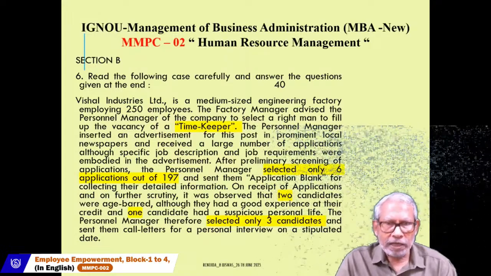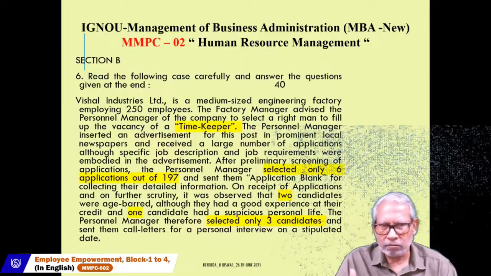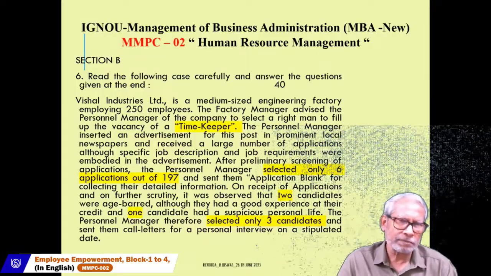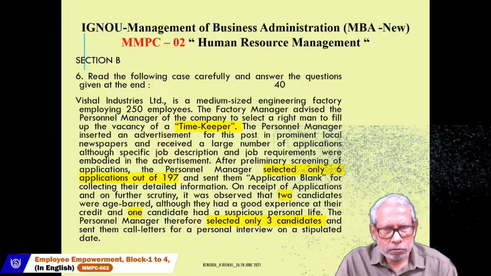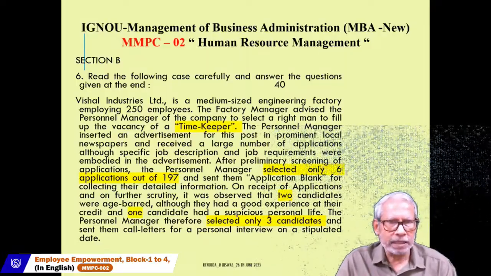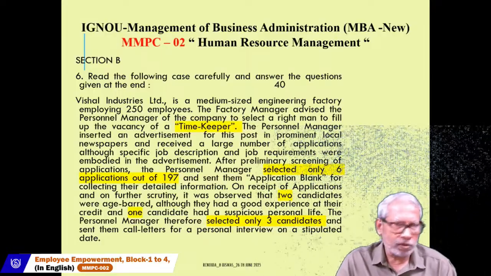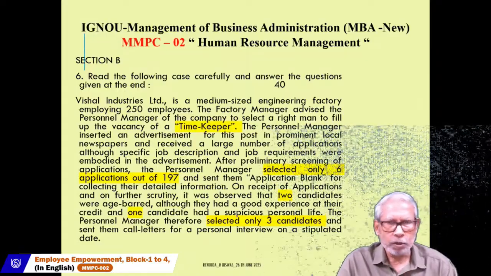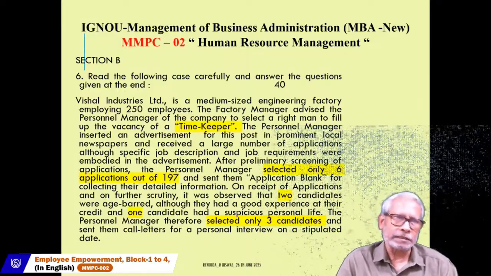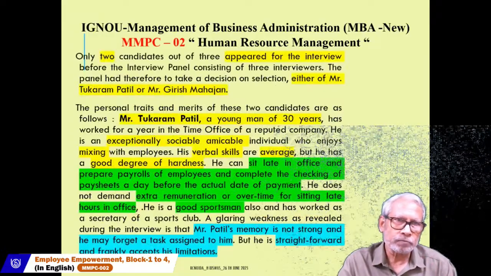And 1 candidate has a suspicious personal life, based on the biodata and references given. So out of the 6 selected, 2 have gone because of the age bar, and 1 because of the suspicious personal life. Ultimately, we have selected 3 candidates. Now go to the next slide.